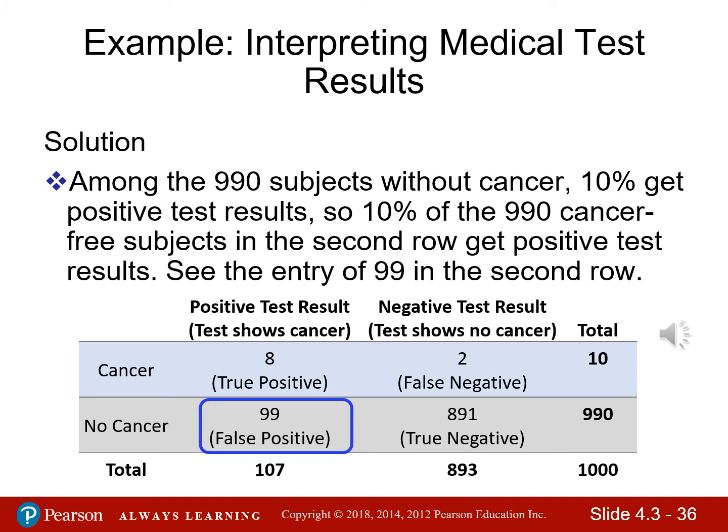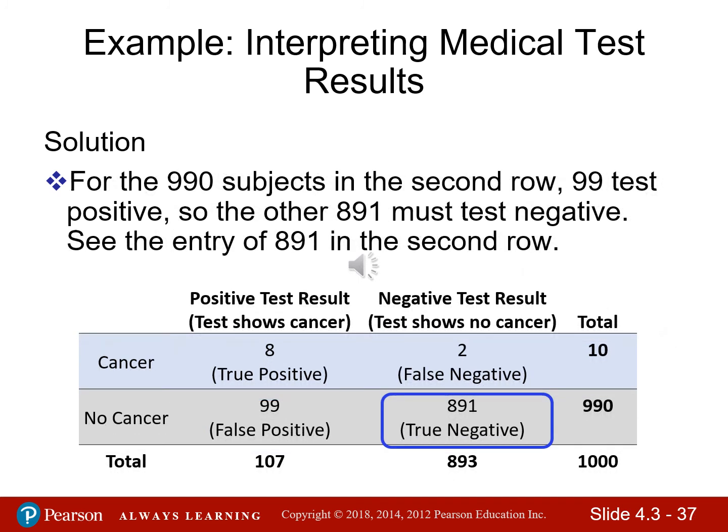Among the 990 subjects without cancer, 10% get a positive test result, so that 10% of the 990 cancer-free subjects in the second row get the positive test results. And you can see the entry of 99 in the second row that shows a positive test result.